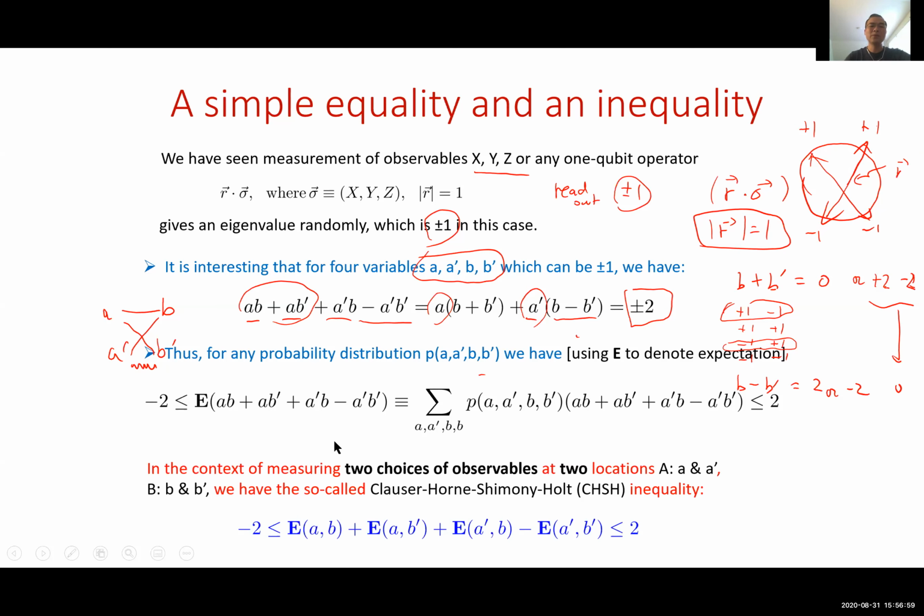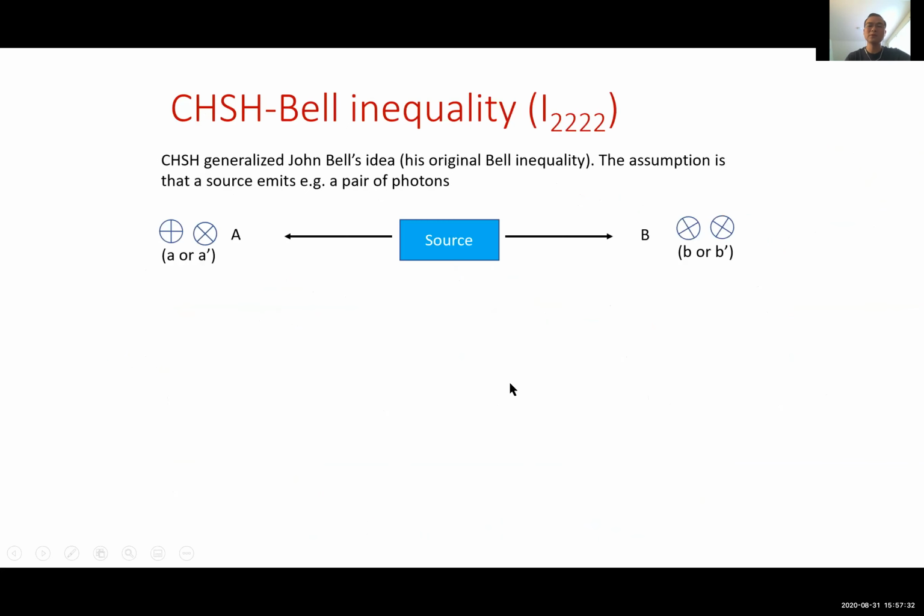A would be measured at location A and B measured at another location B. So if the world is classical, I should have these correlations E(AB) and for the possible combinations plus, plus, plus, minus, just as I show here in this diagram, they have to lie from minus 2 to 2. That's from a classical theory, even if you have some probability distribution.